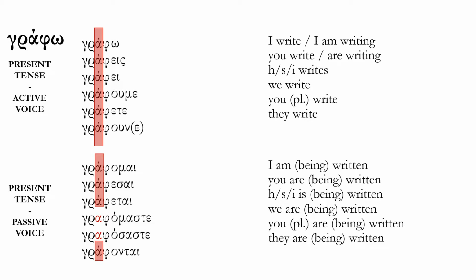However, for we are written, graphomaste, and you guys are being written, graphosaste, the accent shifts to the right. And if you can't see it, the reason for that is that these have an extra syllable, and the Greek rules of accentuation require us to have an accent on one of the last three syllables, no exceptions. And we'll talk more about that later, and we'll certainly cover it in class.